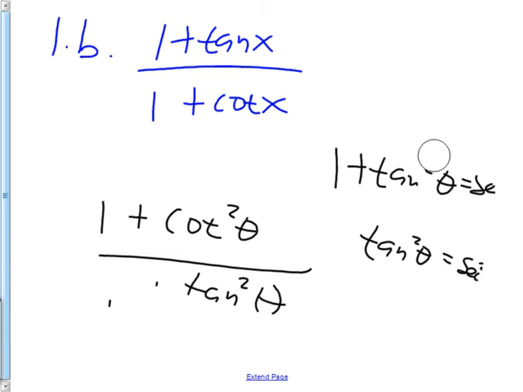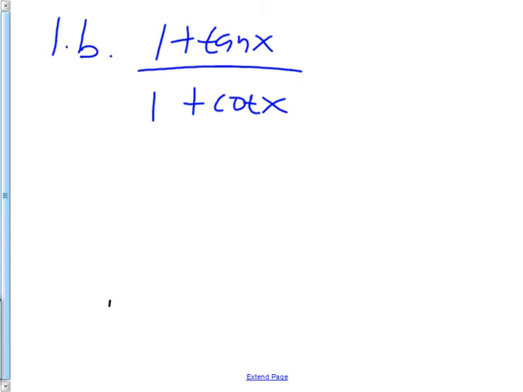Well, there's a lot of different ways you could do this. A lot of you know that cotangent is the same as what? Cosine over sine. Okay. Now, I'm not saying this is the best way, but this is a way. You could put cosine over sine for that. Do you get that?